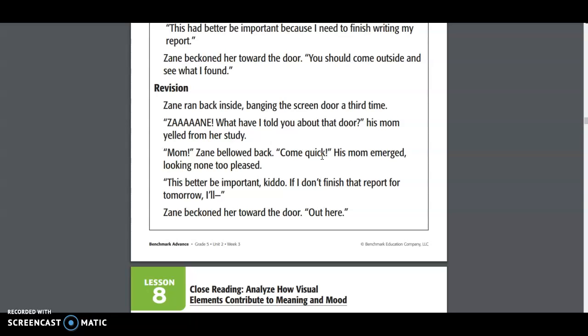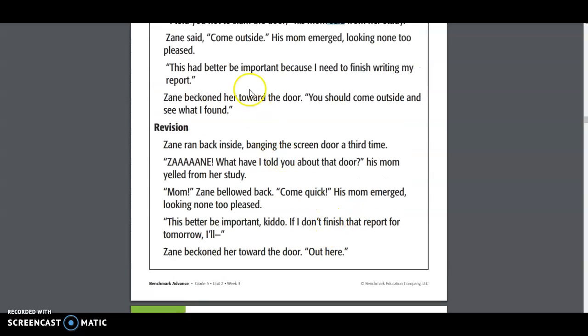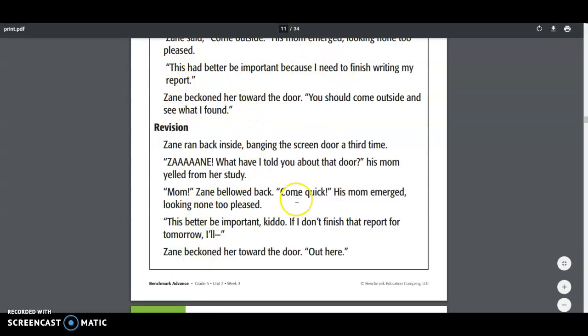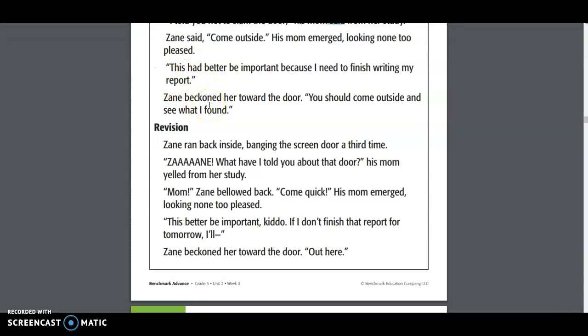"This better be important, kiddo. If I don't finish that report for tomorrow," and she gets kind of cut off. Zane beckoned her toward him, "Out here!" I probably even would have put an exclamation point there. So he's saying, "Out here," trying to get her to still come. So you can see the changes, okay? We didn't change the whole entire sentence. We're just changing it so we know the characters a little better.